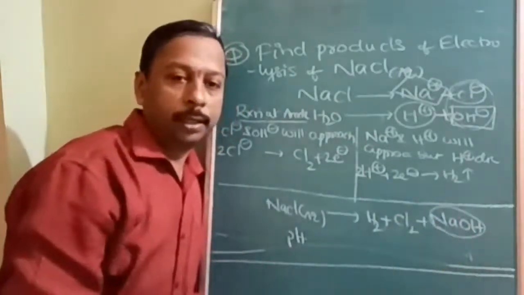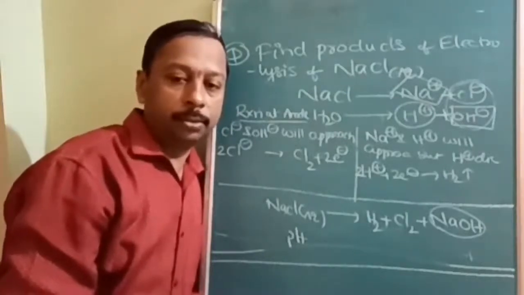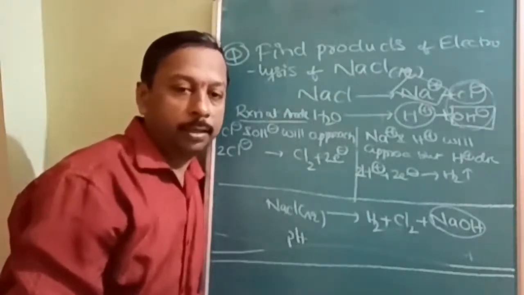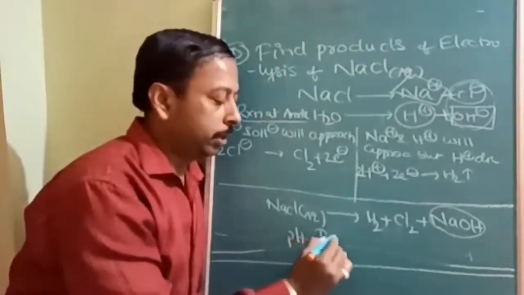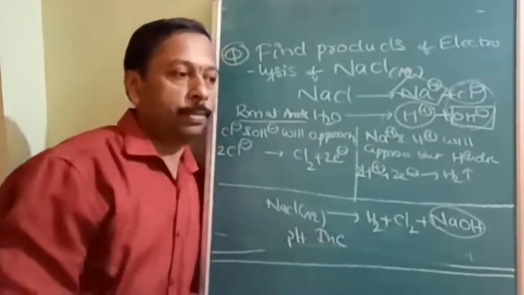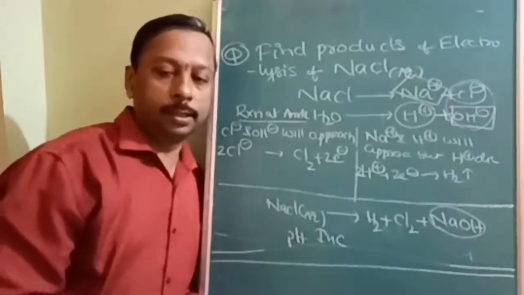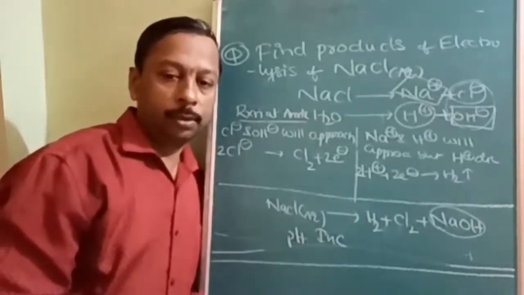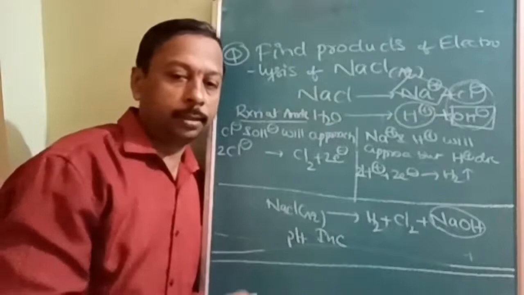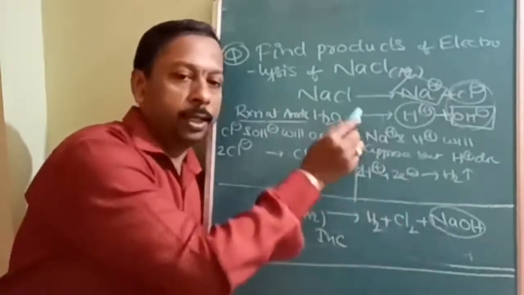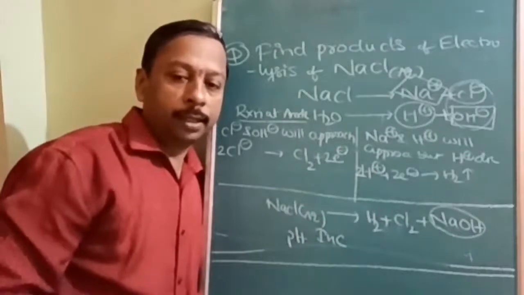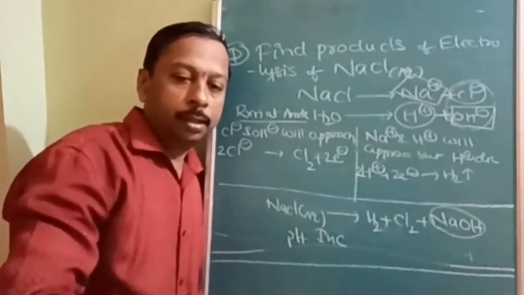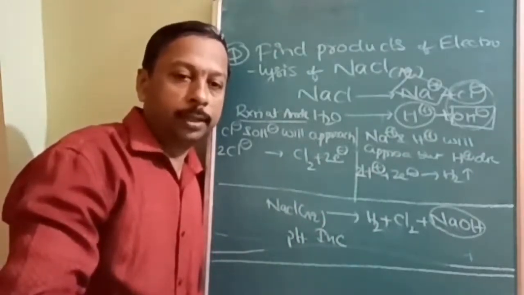OH is a base, so pH increases above 7. Is it understood to all of you? Any doubt? This product is from electrochemistry, but pH is from 11th class or first year ionic equilibrium. Like that, multi-concept questions will be framed.